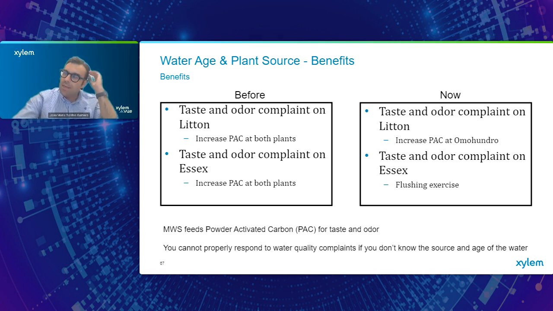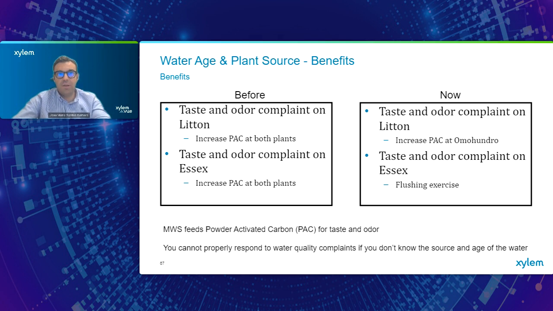We can increase the PAC at both plants and then see what's going on with that. But if we put together the context, that the age of the water is not the same, and in the area where the neighbor was living the water is 3 days old, then increasing the PAC is not going to solve anything.